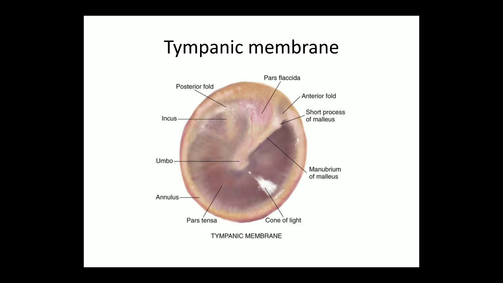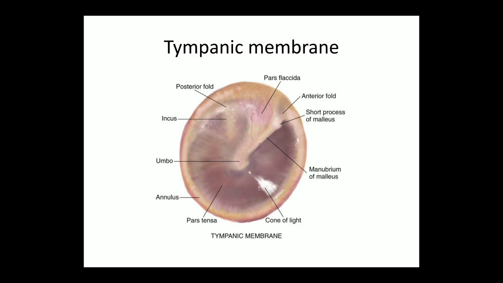Pars tensa is the larger part and is thickened peripherally into the fibrocartilaginous annulus, which fits into the tympanic sulcus. The sulcus is grooved to receive the annulus. Pars flaccida is devoid of fibrous layer and the annulus, and it fits into the notch of Rivinus.